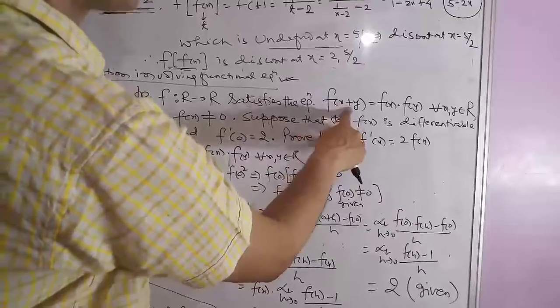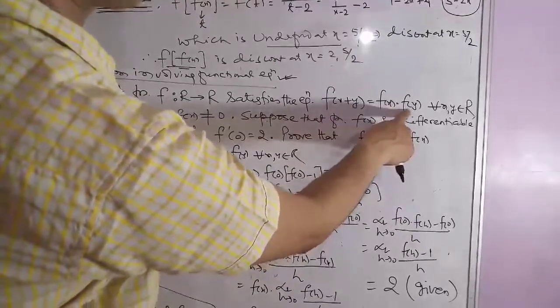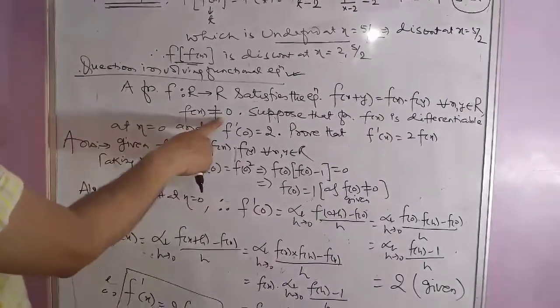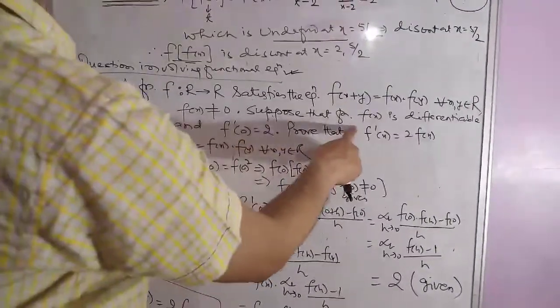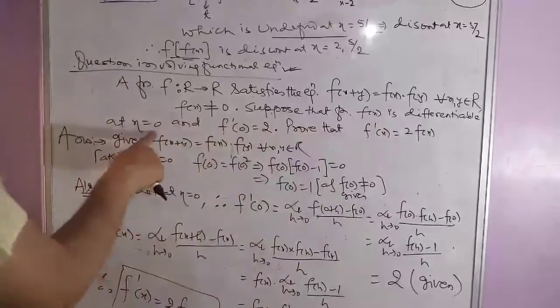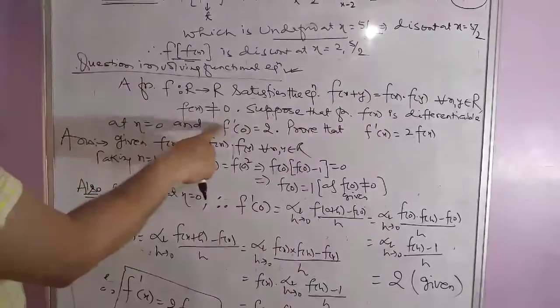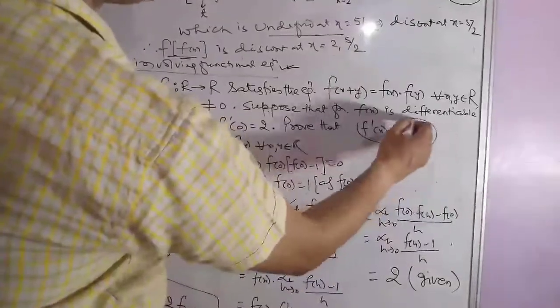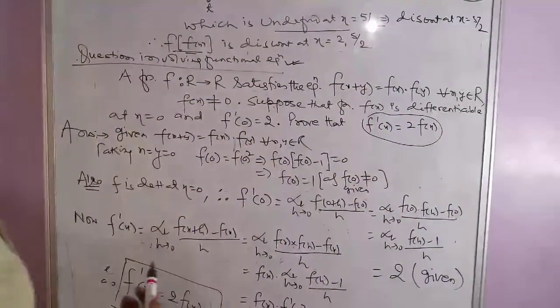The functional value of a sum equals the product of their functional values. Also f(x) is not equal to 0. Suppose that the function f(x) is differentiable at x equal to 0 and f dash 0 equals 2. Prove that f dash x equals 2 into f(x).